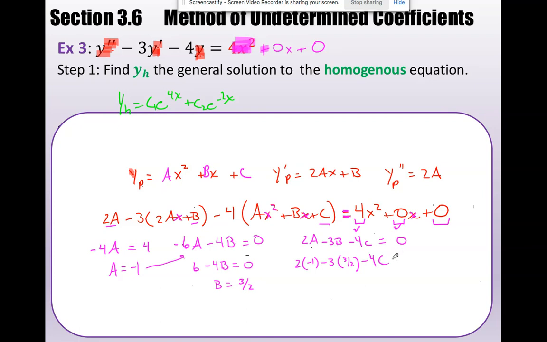Now I just need to solve for c. So -2 minus 9/2 is equal to 4c. What is that? -4/2, so that's -13, right? Keep my math legit here, is equal to 4c.